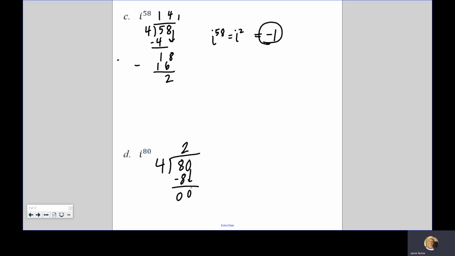Bring down your 0. 4 goes into 0 0 times. You have a remainder of 0. So that becomes your new exponent. i to the 0th power. Anything to the 0th power is just 1. So every once in a while, you'll get a 0 exponent. And anything to the 0 power is 1.